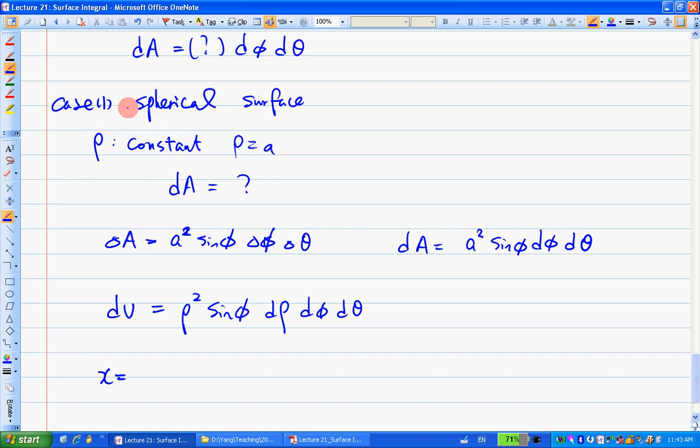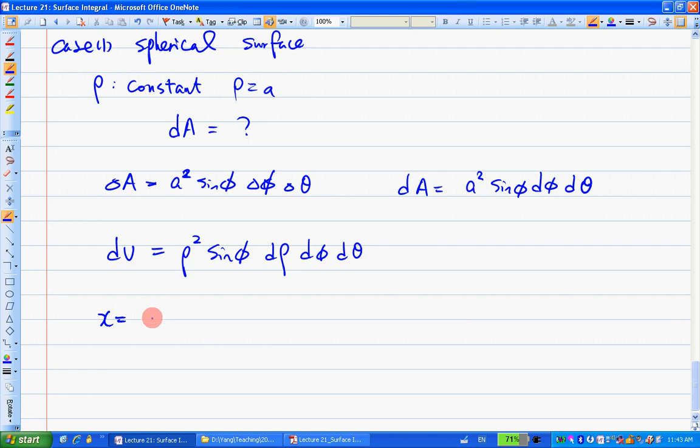In 3D space, if it's everywhere, x is rho sine phi cosine theta, right? But I'm not talking about everywhere, so I'll just change the rho to a. That's basically the x, y, z on the surface of the sphere. So x is a sine phi cosine theta, y would be a sine phi sine theta, and z would be a cosine phi.